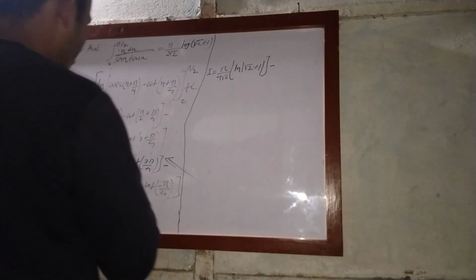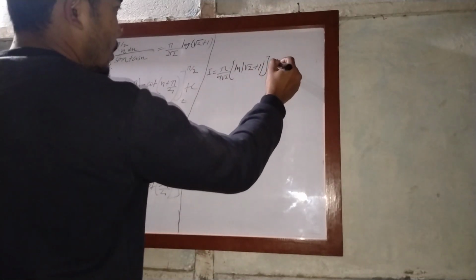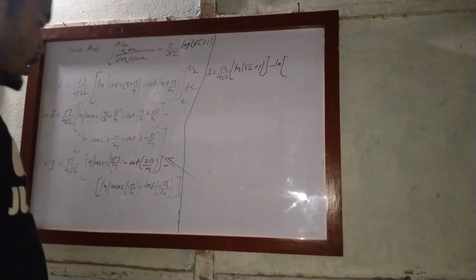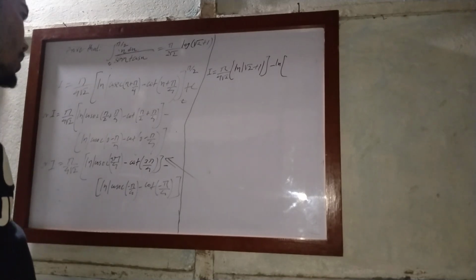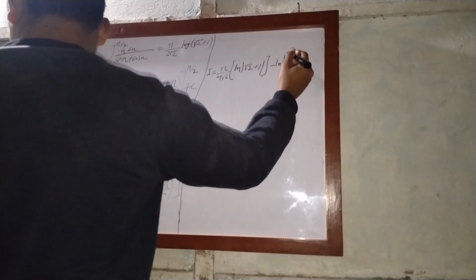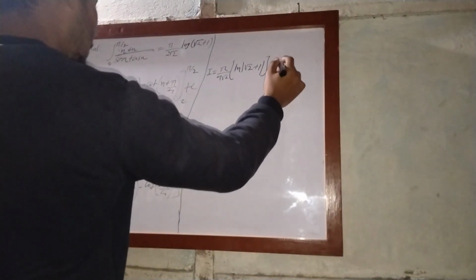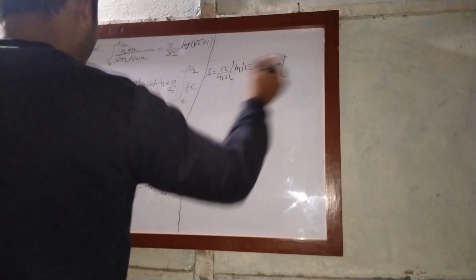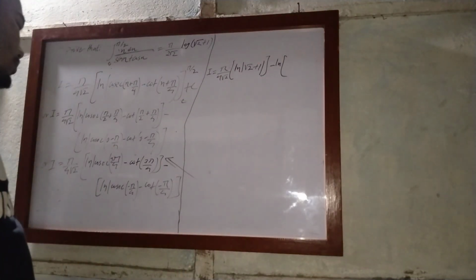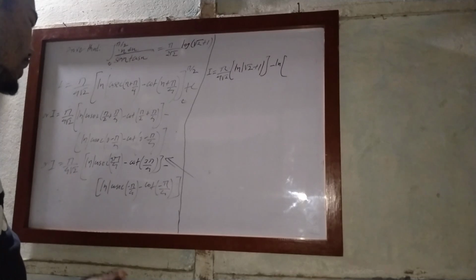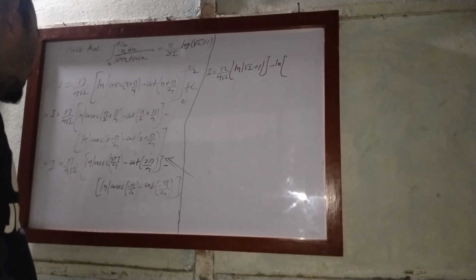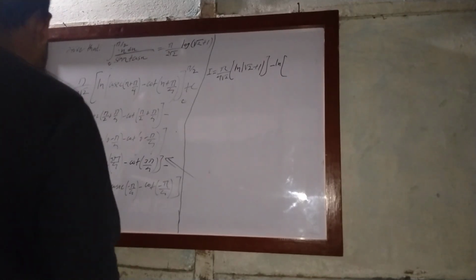Now the lower limit. This sign is minus. We get minus here. Cosec 45. Before that, we should know sine 45. What is the value of sine 45?